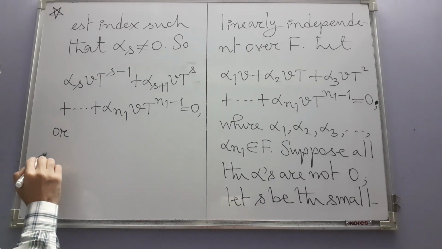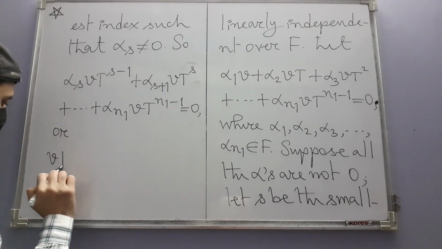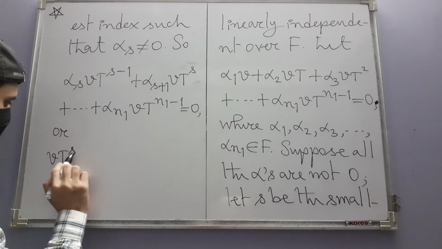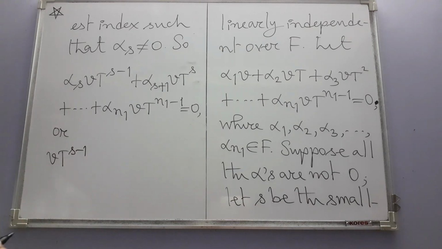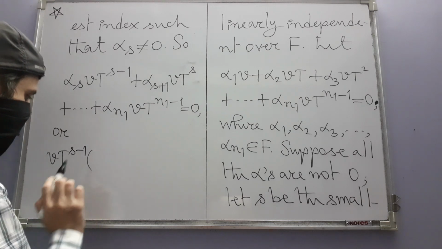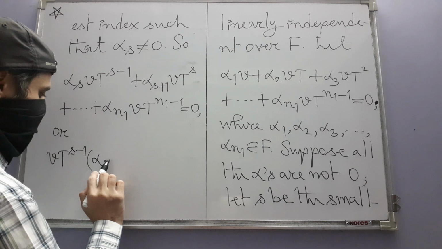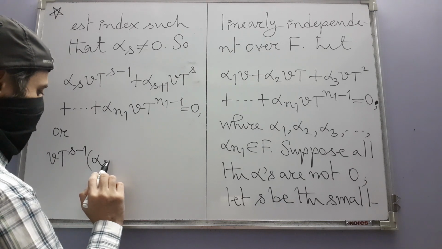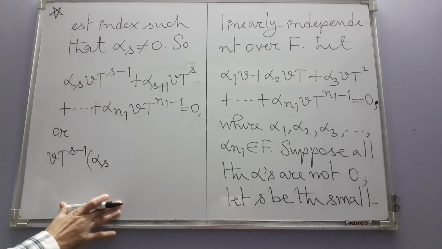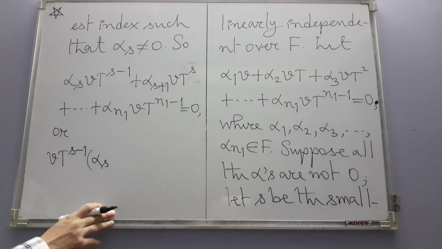Instead, what we do, we take v t to the power s minus 1 outside. You will understand what this outside means and write like this. Should I write just this line or should I write one more line before writing this line? I think that would be better.